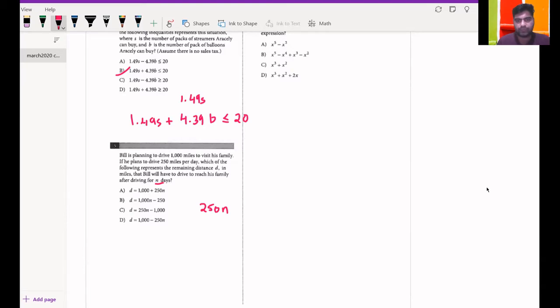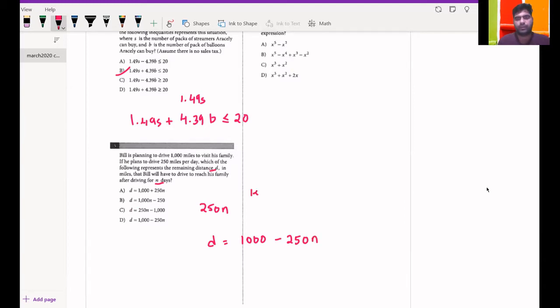So, remaining distance, my bad. He wants to drive 1,000 miles. So he will have already driven 250 times n.